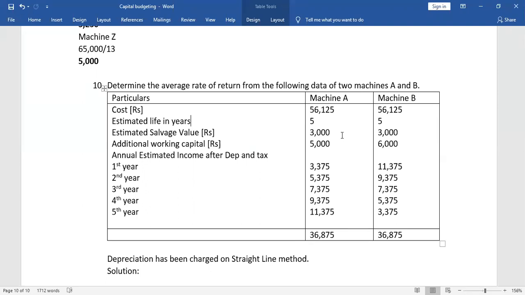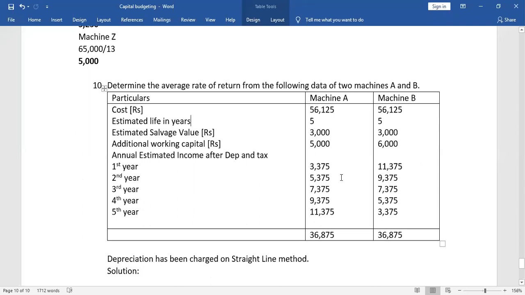Now, the annual estimated income after depreciation and tax. So, this income is after depreciation and tax. First year, 3,375 for A. For machine B, 11,375.